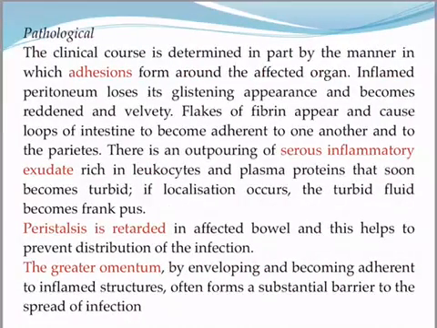Pathological factors that favor localization: the presence of adhesion. Once the peritonitis occurs, the adjacent loops of bowel become inflamed, the serosa of the bowel becomes inflamed, and it will adhere to the site of infection.